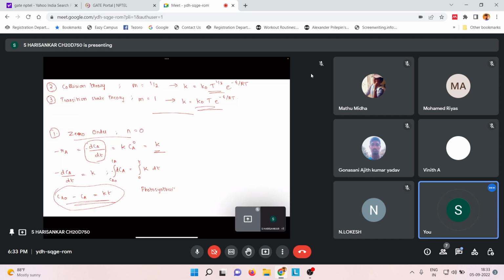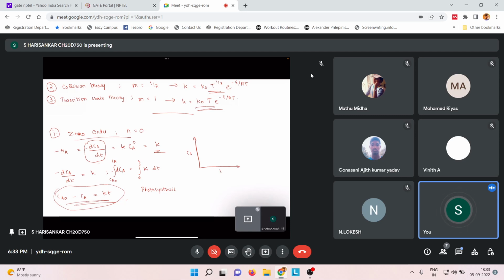Right? So if you want to plot this equation, we can even plot it like this. Let's say we take CA on the y-axis and time t on the x-axis.